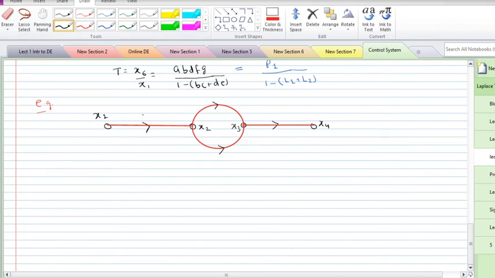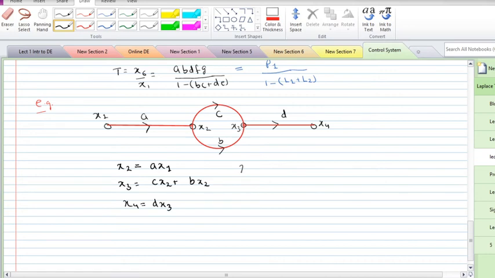So here let us suppose the path transmittances A, B, C and D. So in this way your x2 is equal to A x1, x3 is equal to C x2 plus B x2, and x4 is equal to D x3.